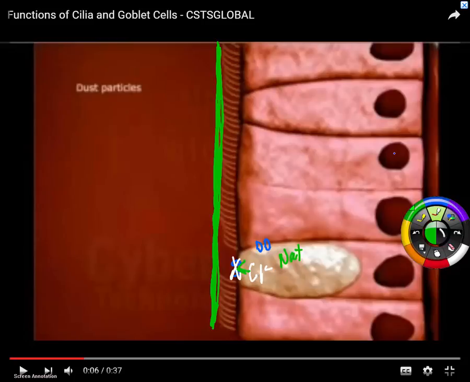So any part of the body that produces mucus is affected by cystic fibrosis. That includes the digestive tract and the reproductive tract, to name a few.